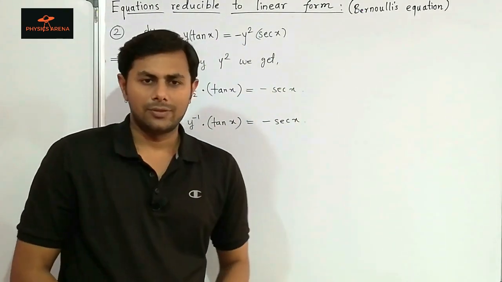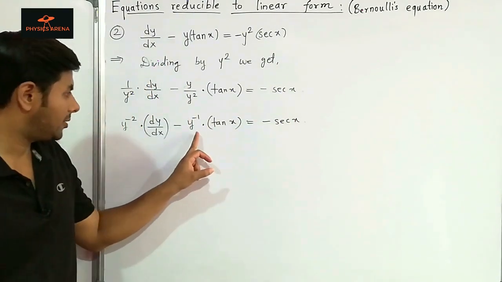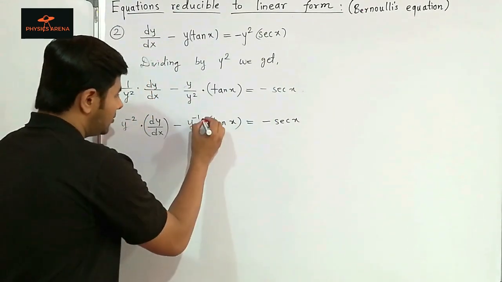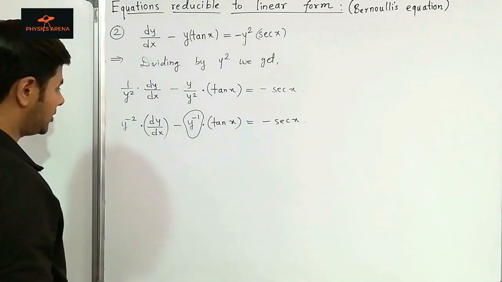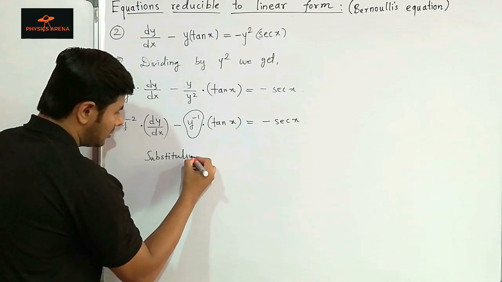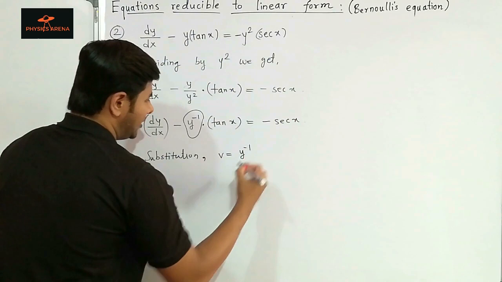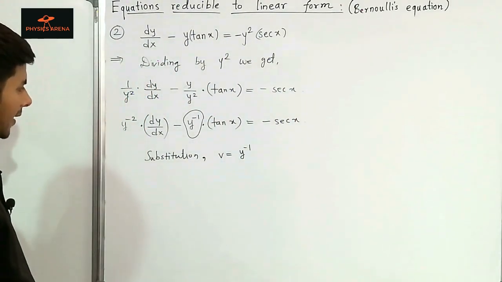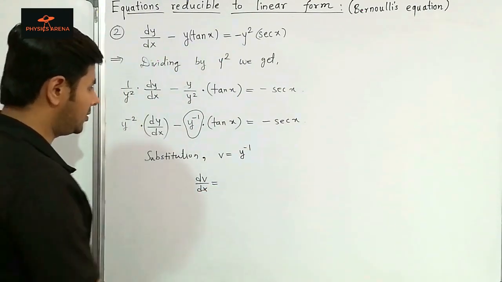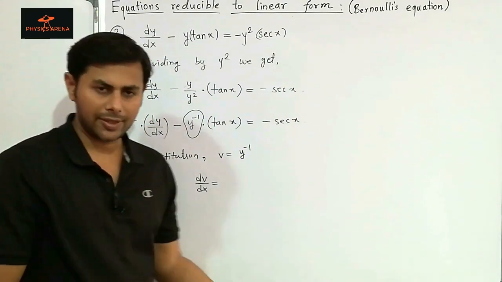Okay, so next thing our method says is we have to substitute v in place of this y raised to minus 1. So let us do that. The substitution is v equals y raised to minus 1, and therefore dv by dx equals the derivative of this with respect to y multiplied by dy by dx by the chain rule.